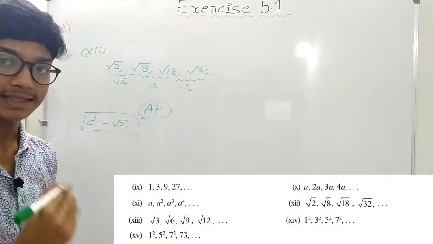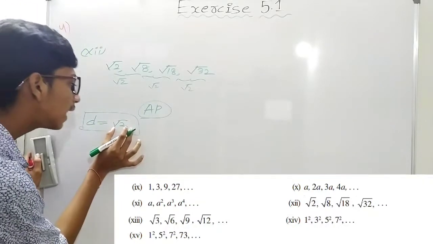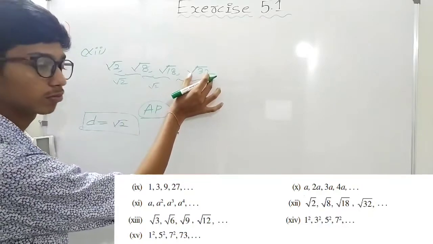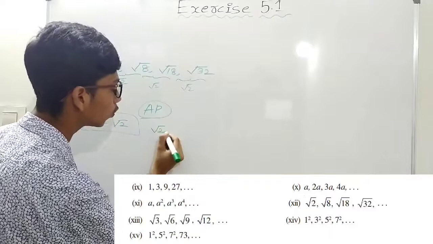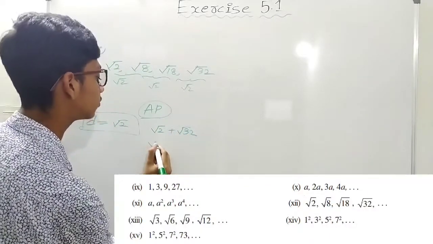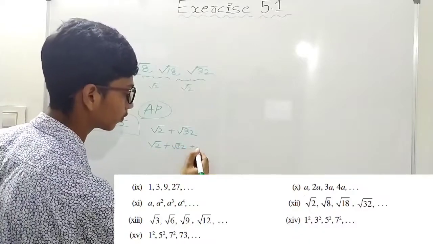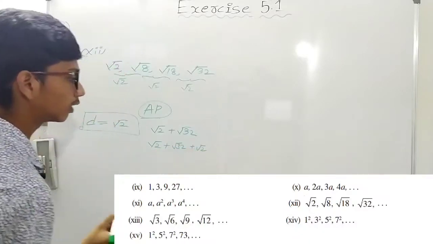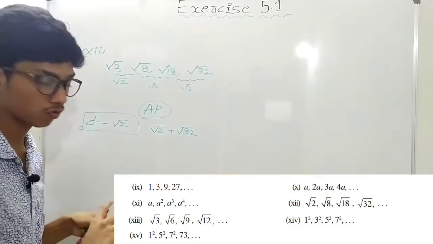And the next terms: add the common difference to the last value, that is root 32 plus root 2. What is root 32?